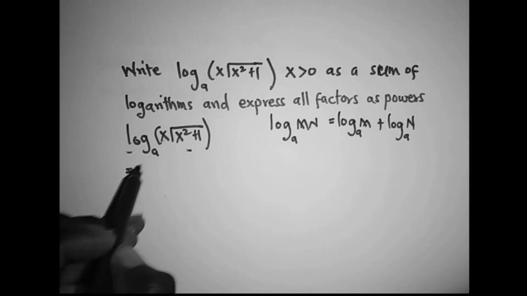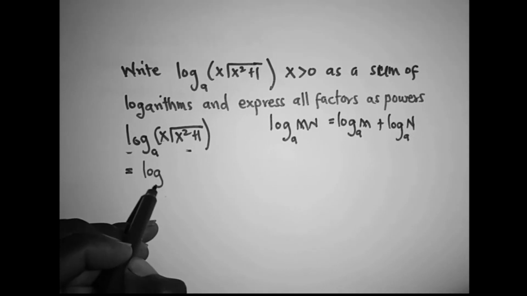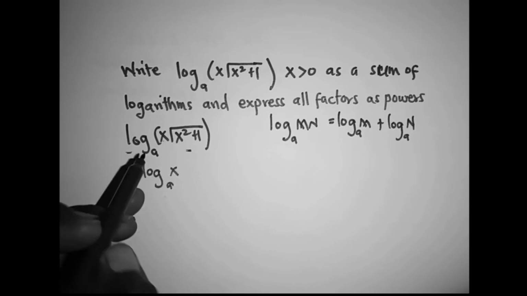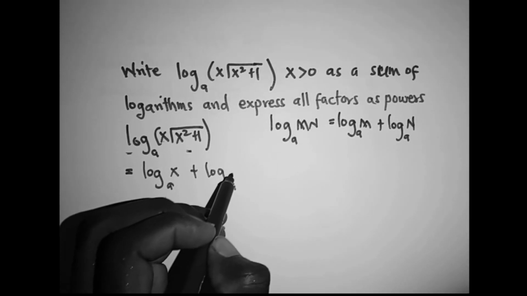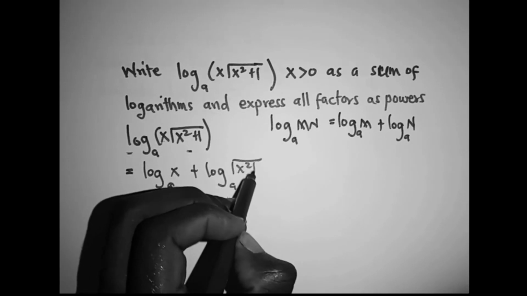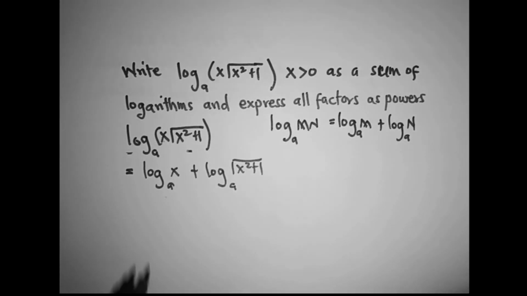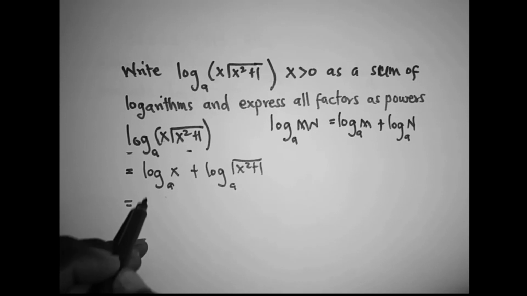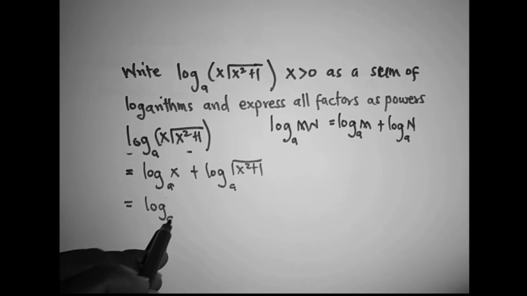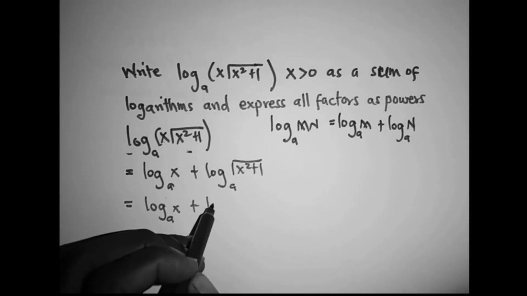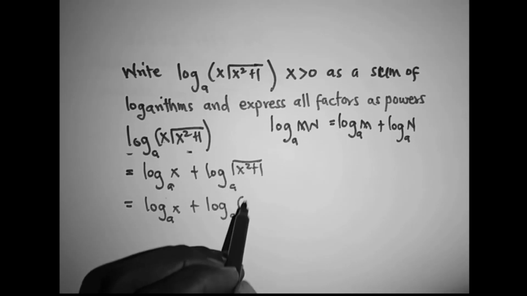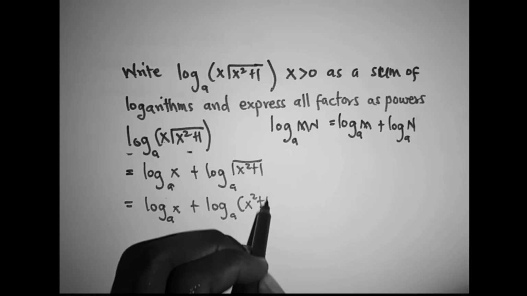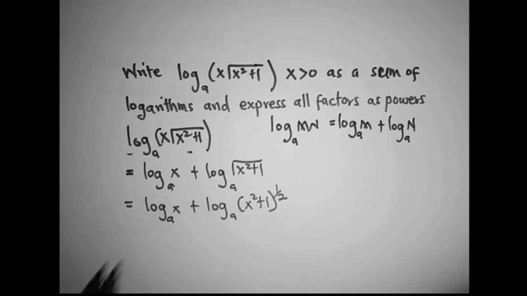So this is equal to log base a of x plus log base a of square root of x squared plus 1. The square root of x squared plus 1 is the same as x squared plus 1 all exponent 1 over 2.